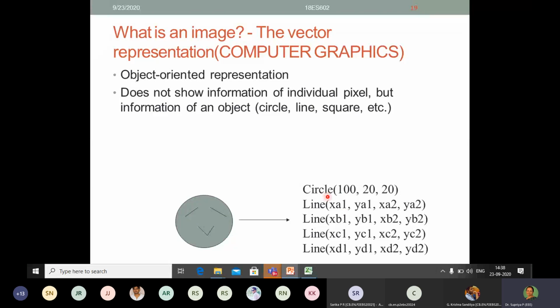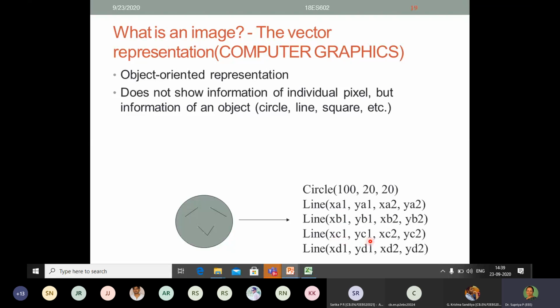For example, a circle would have coordinates 100, 20, 20, where this would represent the area and this would represent x and y. Similarly, lines would have the starting point of x and y and the ending point of x and y, etc., represented for the various lines as xb1, yb1, xb2, yb2.